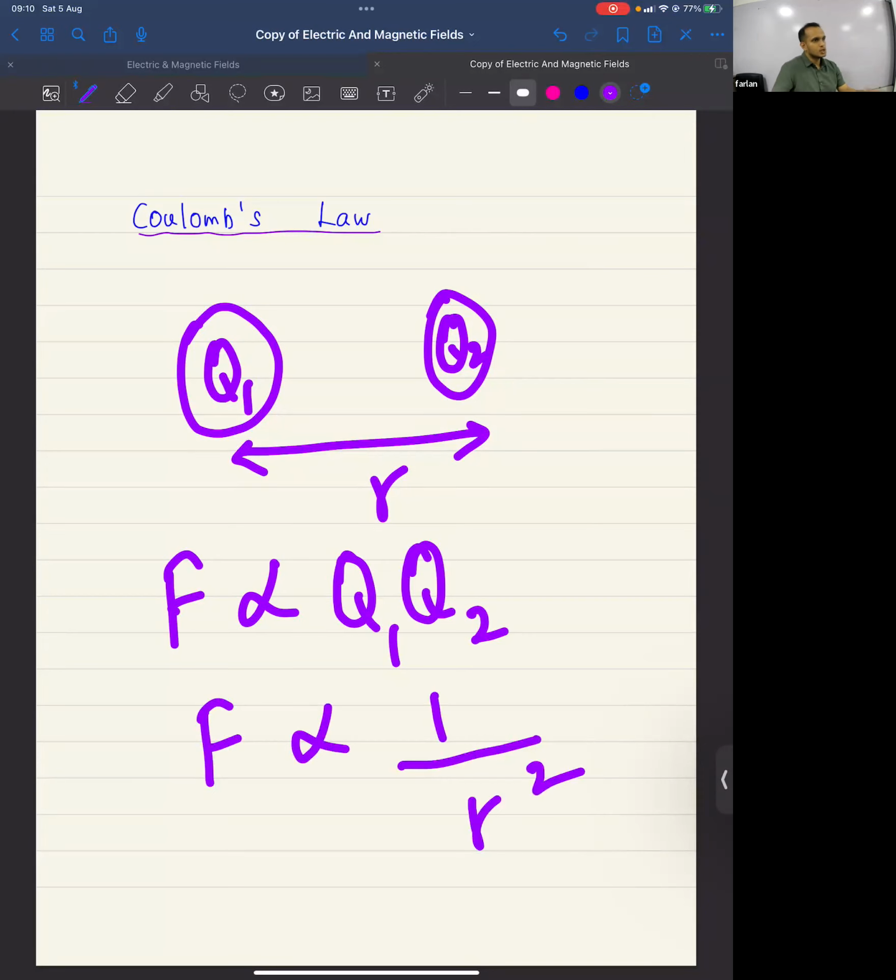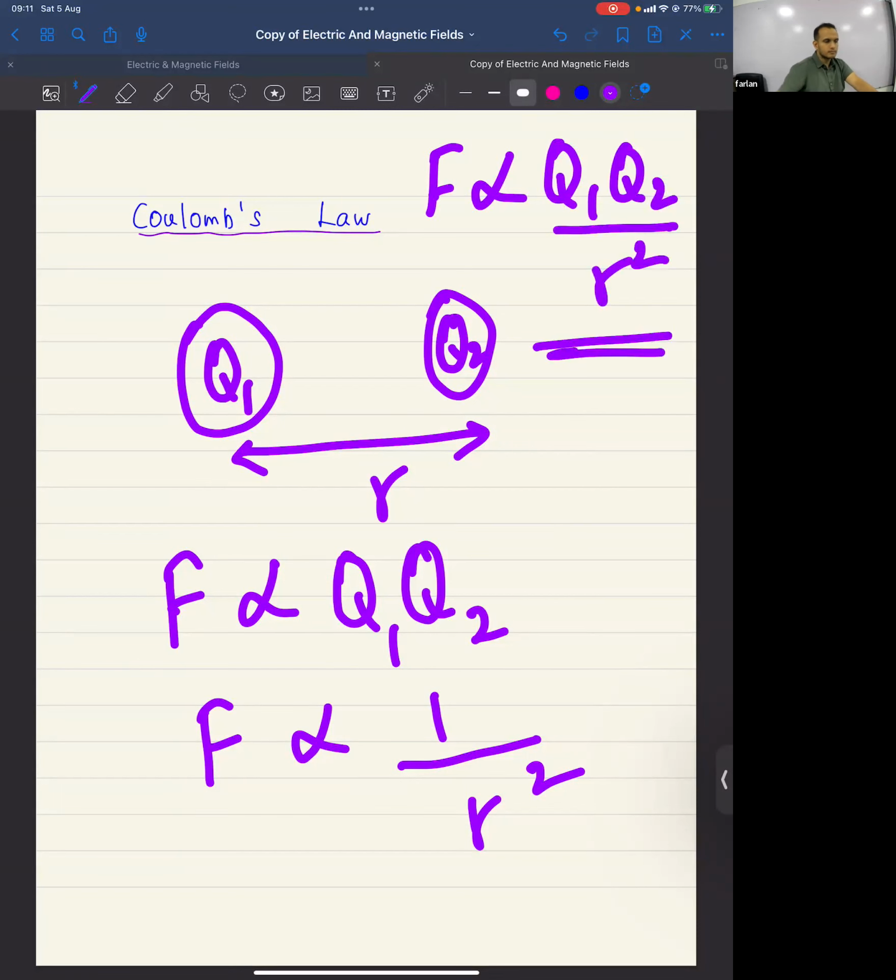Higher the R, lesser the F; lesser the R, higher the F. Putting both together, F is proportional to Q1 Q2 over R squared. That becomes Coulomb's law.